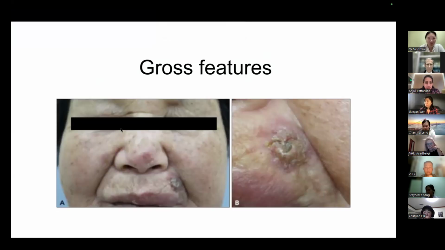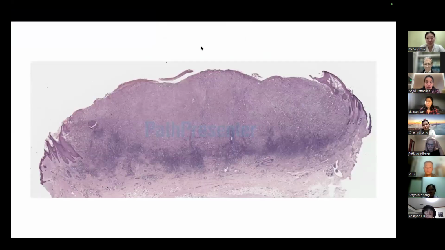She's a 54-year-old female who came with some lesions on her face. As you can see, it's an exophytic growth with inflammation around, some redness. There was no pain. A biopsy was taken, and these are the histological features, in which you can see there are clear margins everywhere.